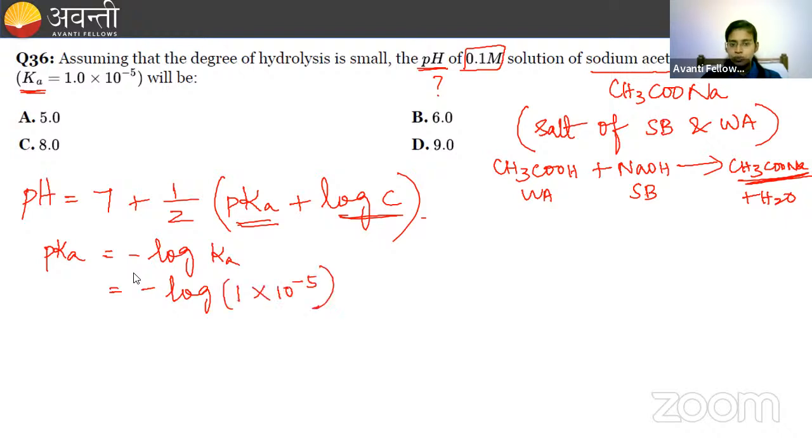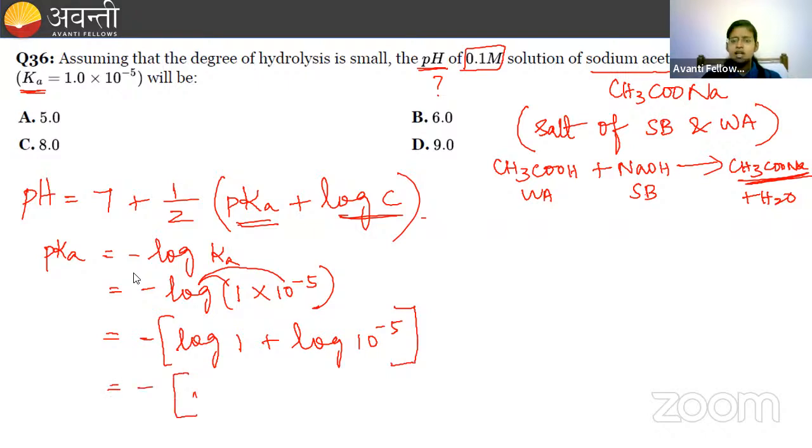Applying log, it will be minus log 1 plus log 10 to the power minus 5. We know that log 1 is 0 and log 10 to the power minus 5 is minus 5. So pKa is equal to plus 5.